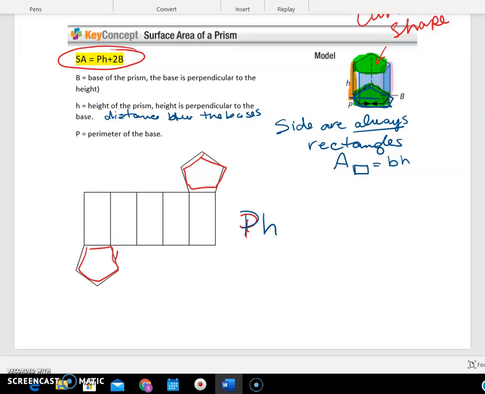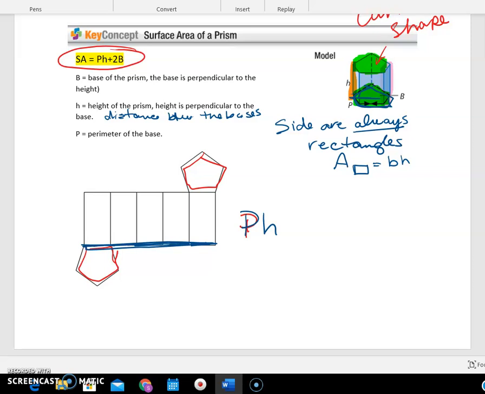Perimeter times height. If we unfold our prism here, we're going to have 1, 2, 3, 4, 5 rectangles, and we could do each individual rectangle and then add them up. But when we unfold this whole thing, we see that it's really one giant rectangle.